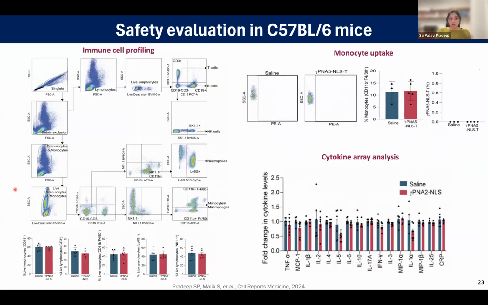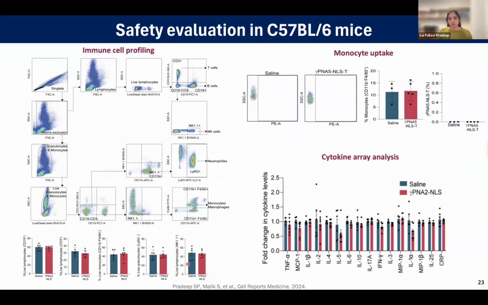We also conducted some other safety evaluation in C57BL/6 mice with an intact immune system. Over here, we treated them with high doses of the PNA, following which we would sacrifice the mice, and we looked at the immune cell profiling, where we looked at NK cells, T cells, B cells, granulocytes, as well as monocytes.